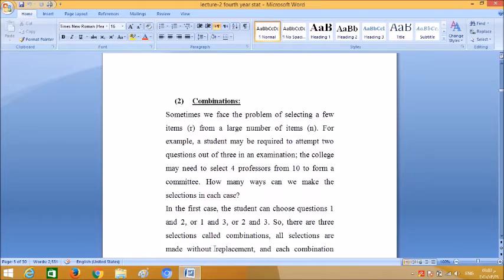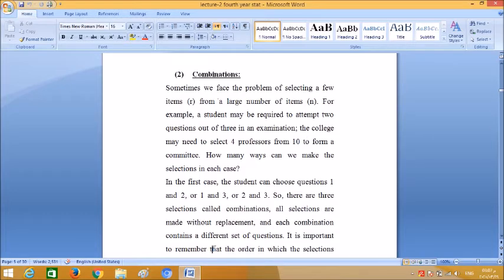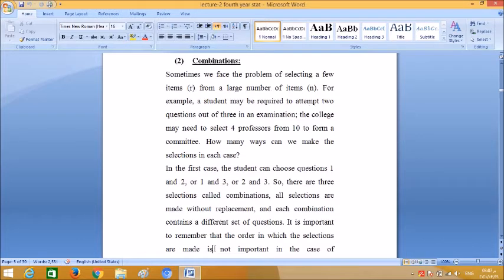All selections are made without replacement, and each combination contains a different set of questions. It's important to remember that the order in which the selections are made is not important. Why is it not important?